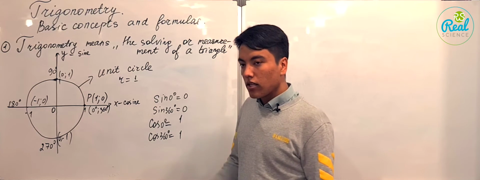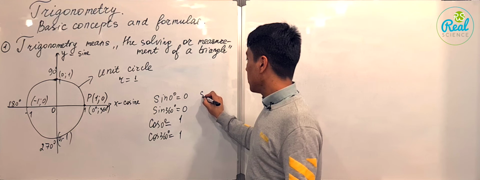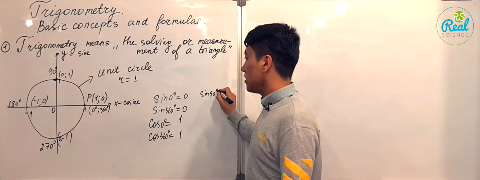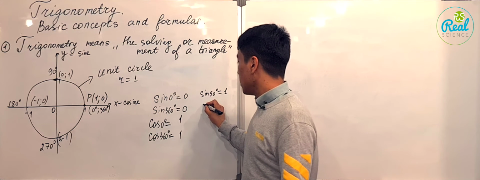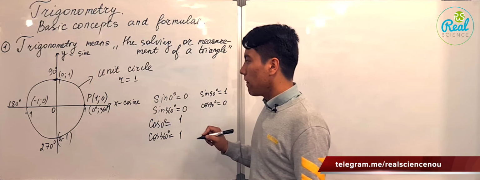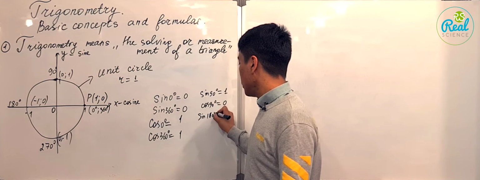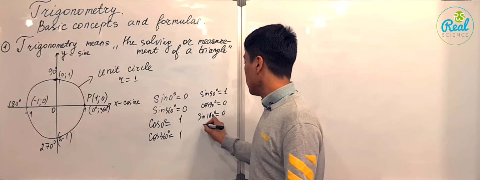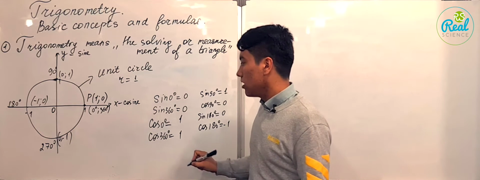And what about this angle, 90 degrees? Sine 90 degrees is going to be 1, and cosine 90 degrees is 0. The next point: sine 180 degrees is going to be 0, cosine 180 degrees is minus 1.